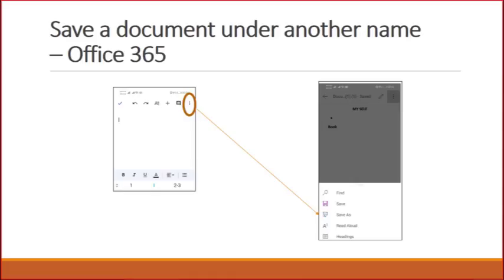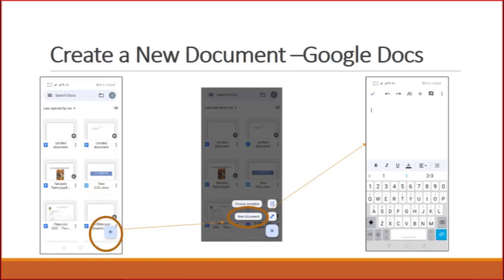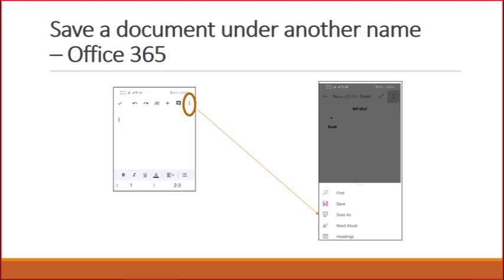Now, if you want to save a document under another name, in the computer we call it the save as option. How do you access save or save as? When you have a document, in the document window, you have this 3-dot symbol. When you click on this 3-dot symbol, you get additional menus.